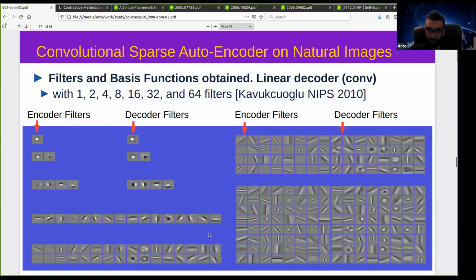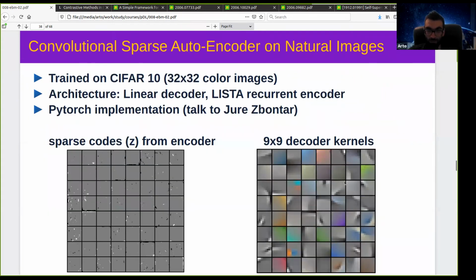You can see that similar filters are learned by the encoder and decoder, and we learn to undo the encoding in the decoder. That's also pretty interesting.